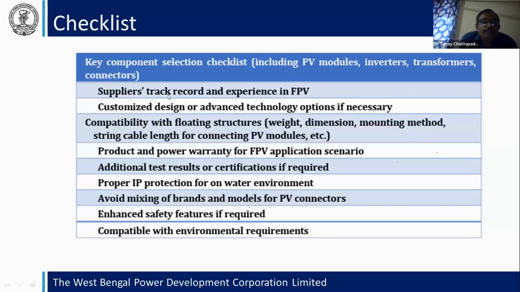And also the key components for the selection checklist, including PV modules, inverter and transformer, the supplier track records and experience. If the suppliers are experienced for floating solar or not, you have to consider it. For the compatibility of the floating structure, weight, dimension, method, and additional test results or certificates are required, then you have to take them from the vendors.